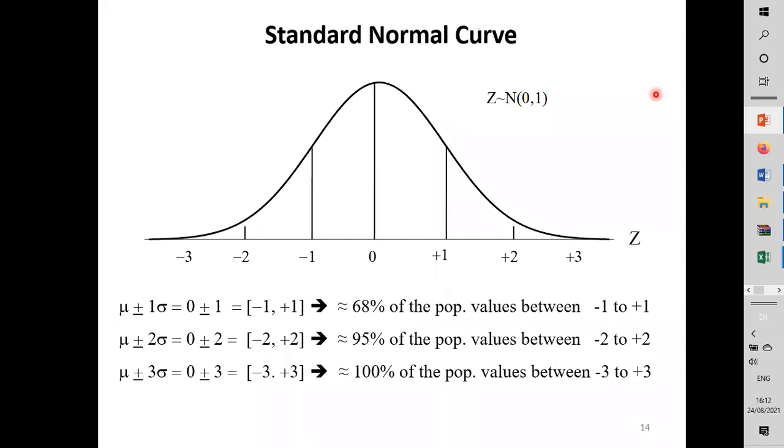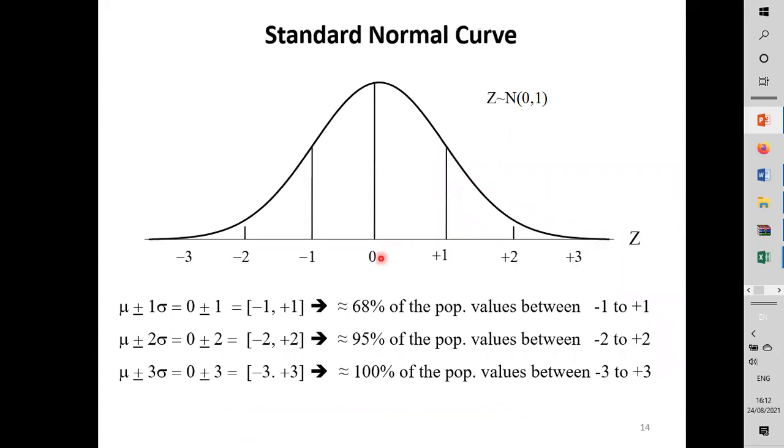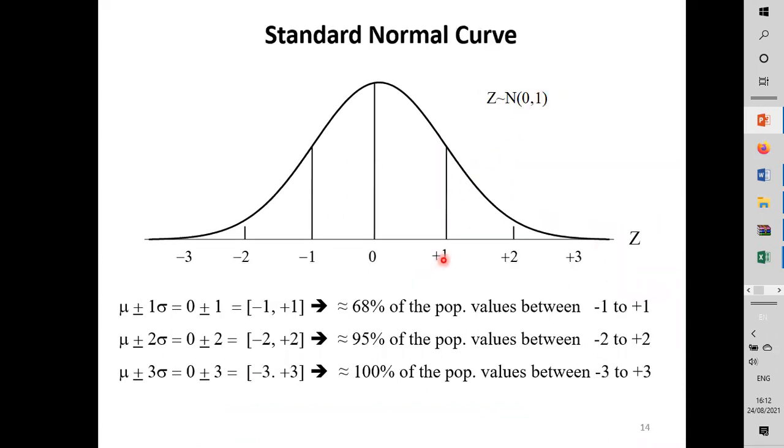Okay, standard normal curve. So what does it do? It just standardizes them. Take 50 minus 50, how much? 0. Divide by 5, 0. Take the next one, 55 minus 50 is 5, 5 divided by 5 is 1.